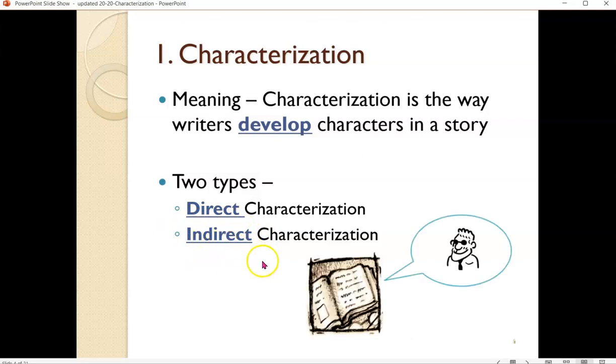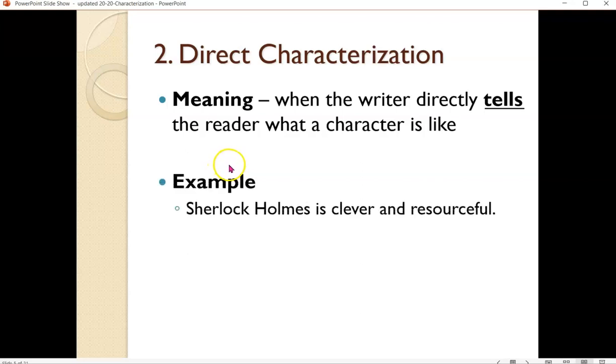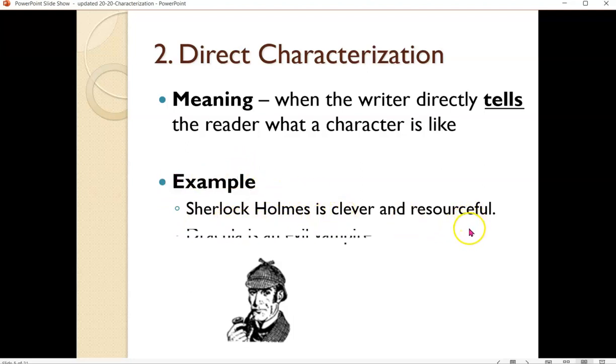Okay? And so, we're going to first talk about direct characterization, which is when the writer directly tells the reader what a character is like. So, for example, Sherlock Holmes is clever and resourceful. I am telling you, as the writer, that Sherlock Holmes is clever and he is resourceful.